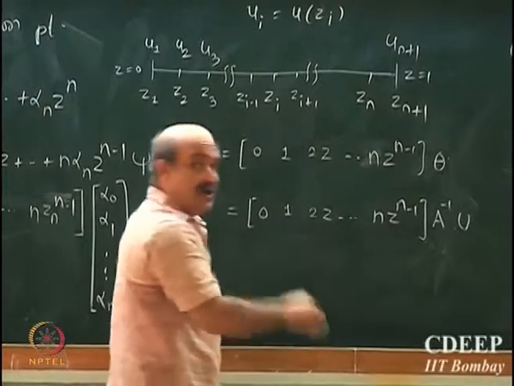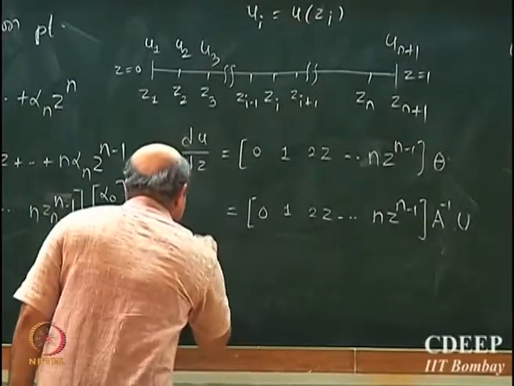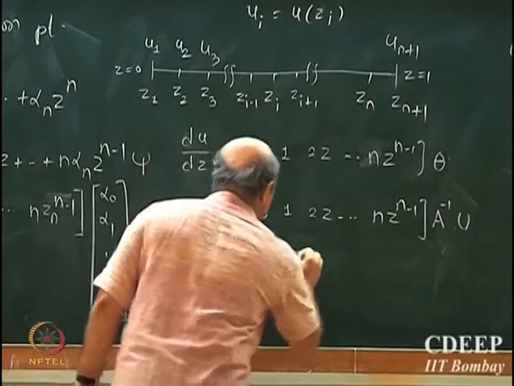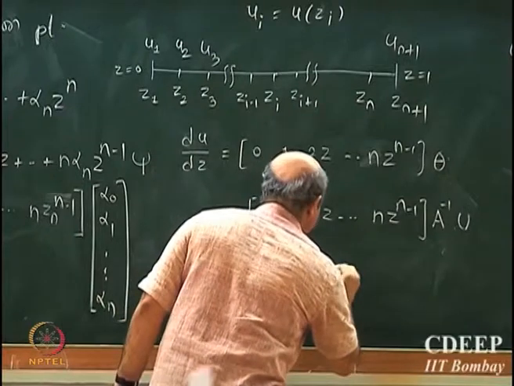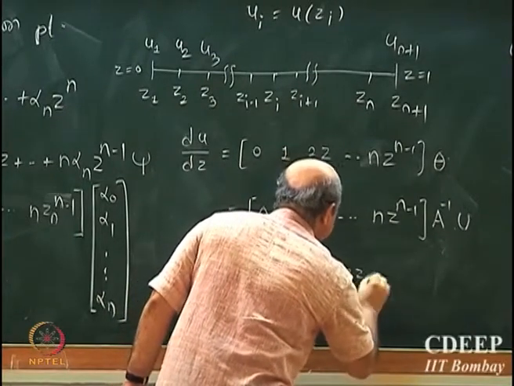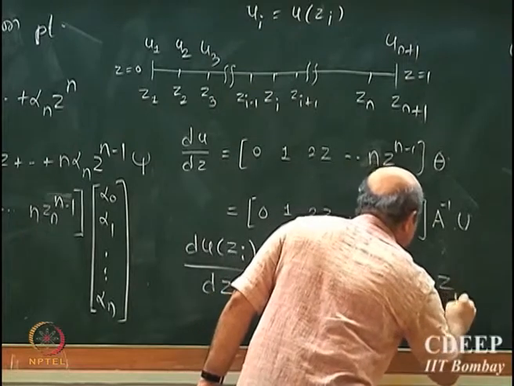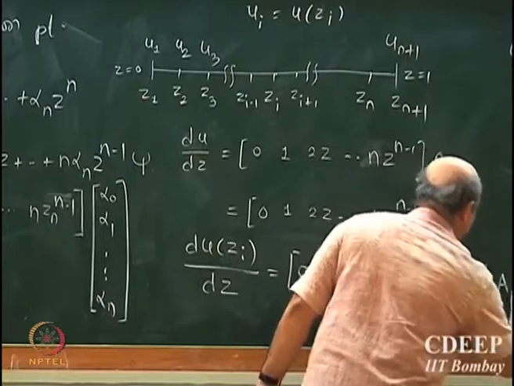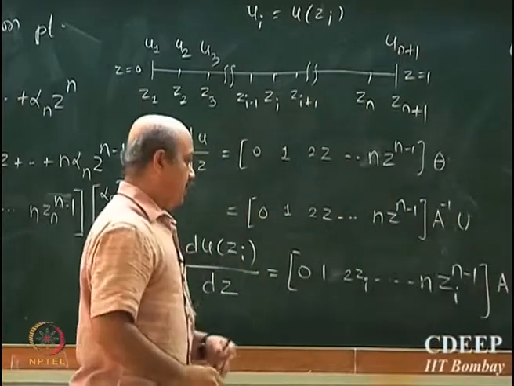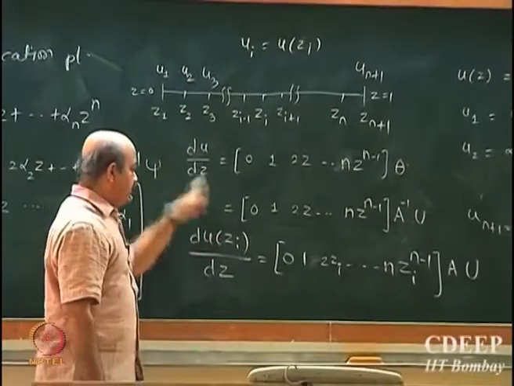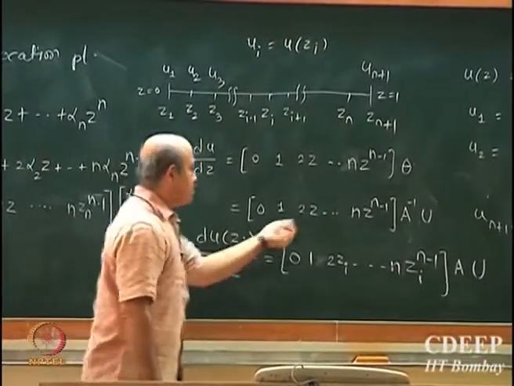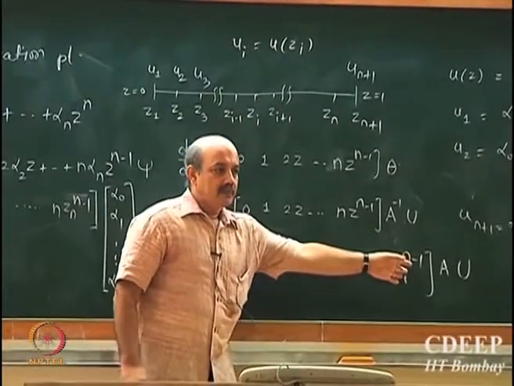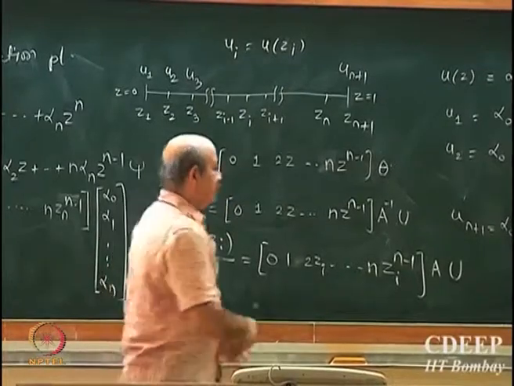Here you will have to put z_i. So du(z_i)/dz will be 0, 1, 2 z_i, up to n z_i raised to n minus 1, into A inverse u. When I want to compute the derivative at the ith collocation point, I just substitute z equal to z_i and I get this expression.